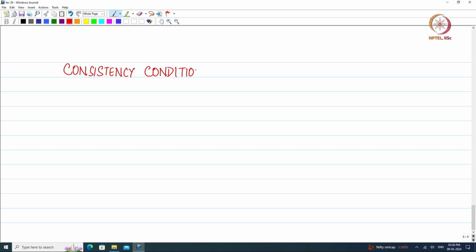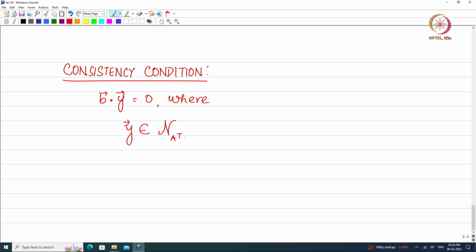Note that the consistency condition is always on the b vector. So this is nothing but b dot y is equal to 0 for y an element of the null space of A transpose. Whenever y is an element of the null space of A transpose, the condition is b dot y must be 0.